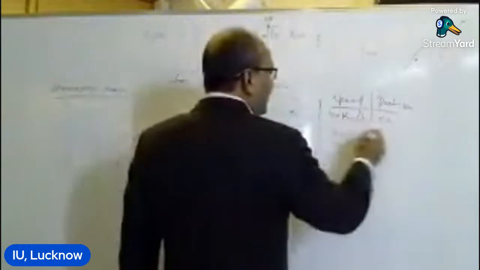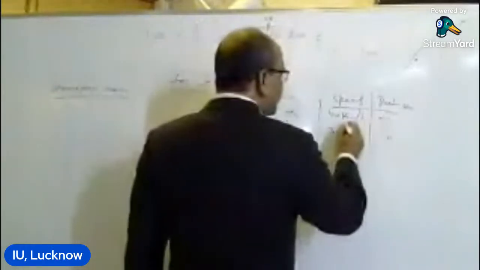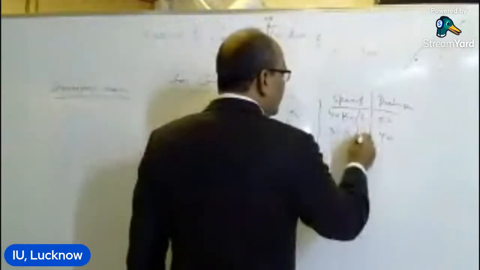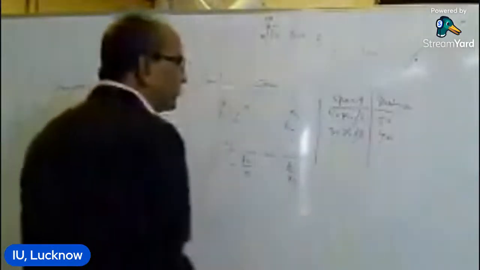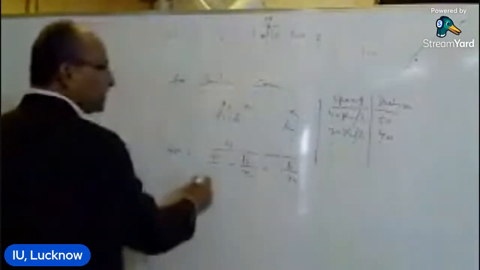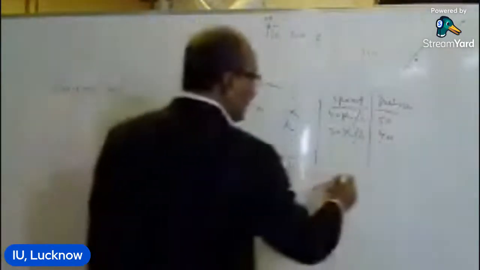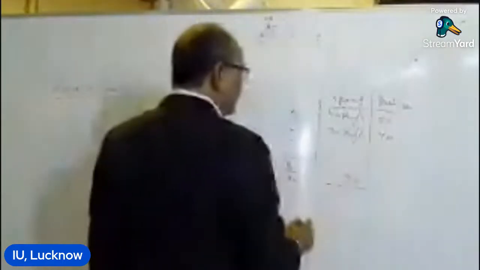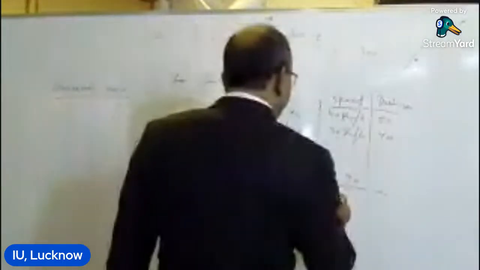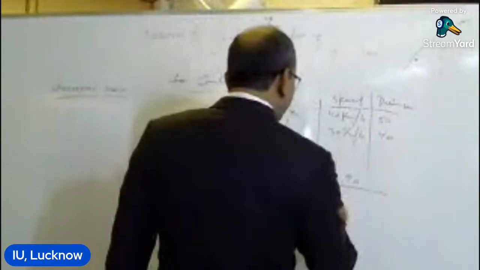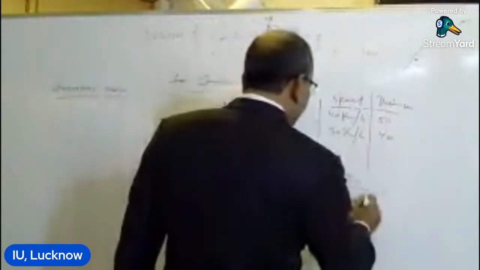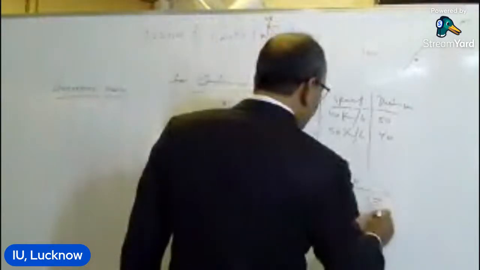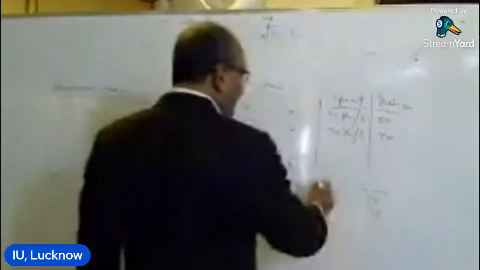In that case the total distance is 90 and the total time is 50 divided by 40 plus 40 divided by 30. If you solve this you will get the average speed.